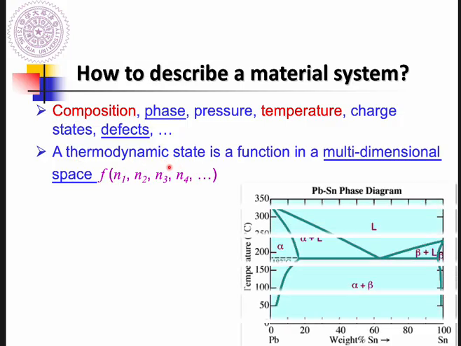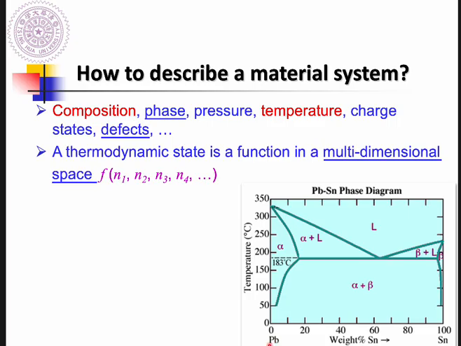For example, on your right-hand side here, we have a lead-tin phase diagram. The vertical axis is temperature, and the horizontal axis is the composition, and it's a binary phase diagram.